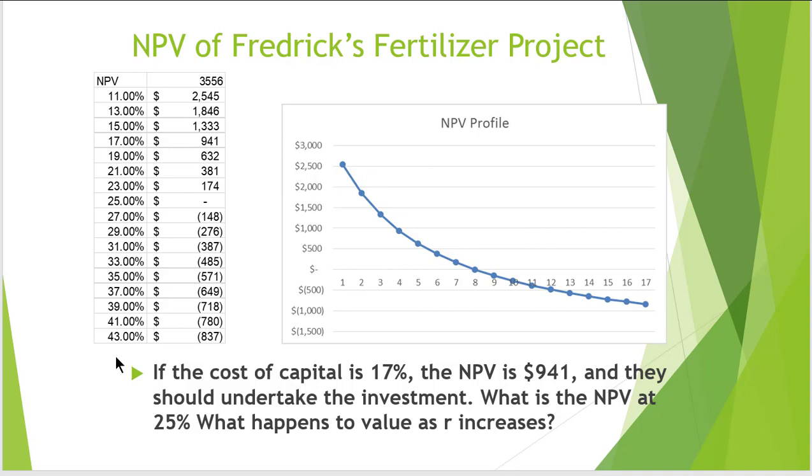So as these numbers go up, the value of the project goes down. So if you want to have many projects that are going to help your company, you need to find a way to keep the cost of financing as low as you possibly can.